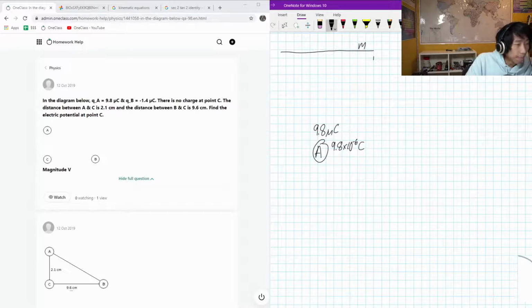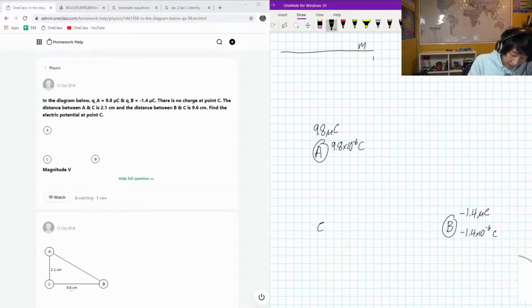And we have point B over here, and point B has a charge of negative 1.4 microcoulombs, aka negative 1.4 times 10 to the negative 6 coulombs.